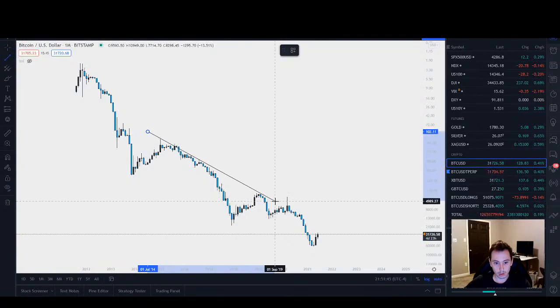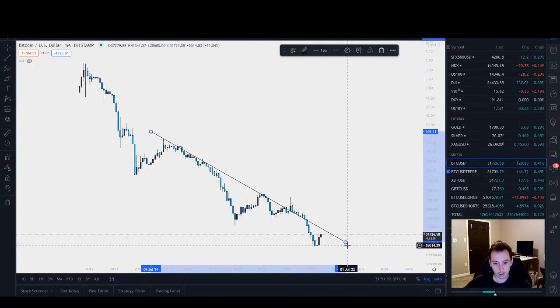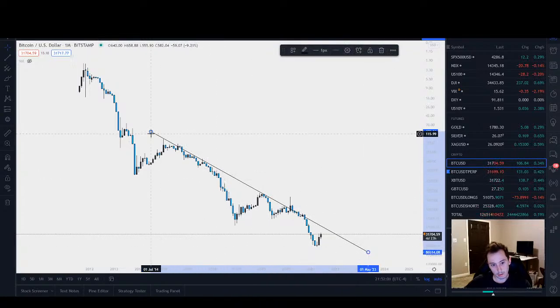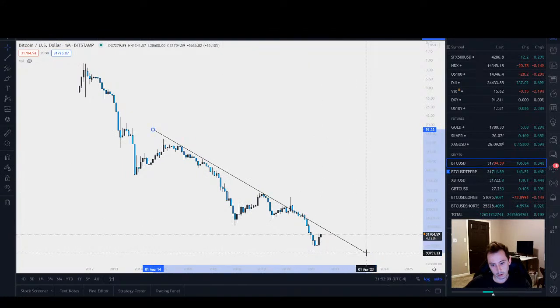Right here. I'd say right about there is pretty close to where we're at. You could probably adjust it a little bit here. It's hard to decide.